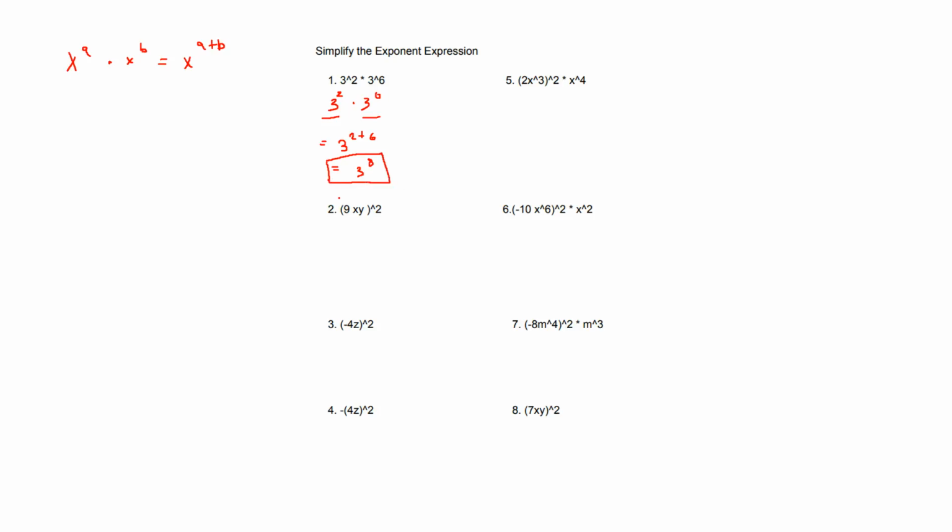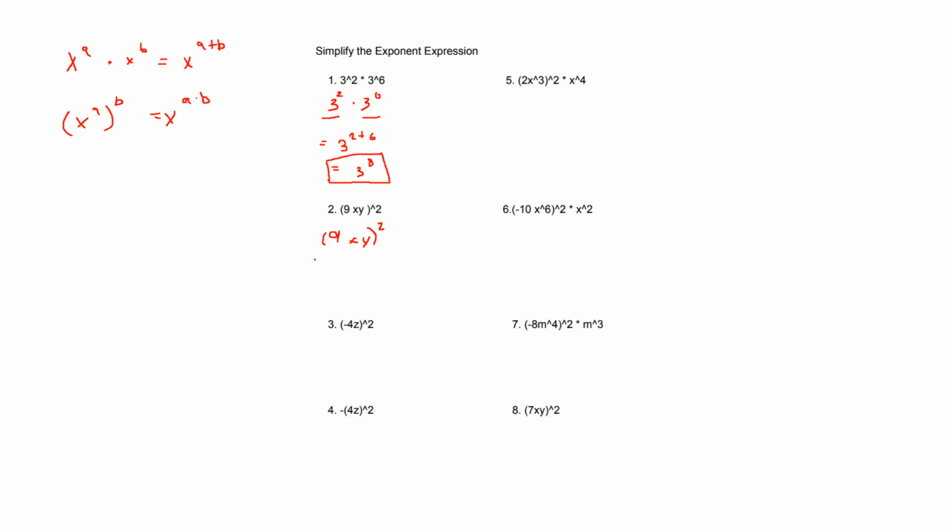Okay, and we could do number 2 here. This is 9xy squared. So here, a rule that you should know is this. If you have a term and you're raising it to another power, you could simplify this by just multiplying these two exponents.